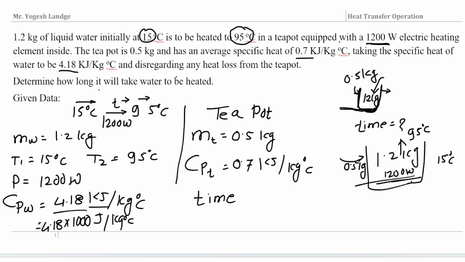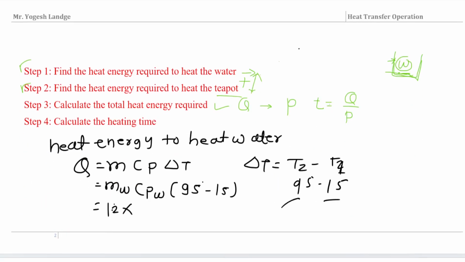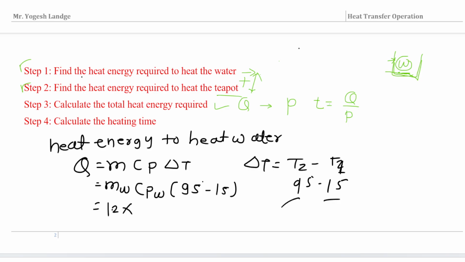So we can write 1.2 into 1000, converted into joule per kg, into the specific heat 4.18, into the temperature difference, which is 95 minus 15, which is 80.